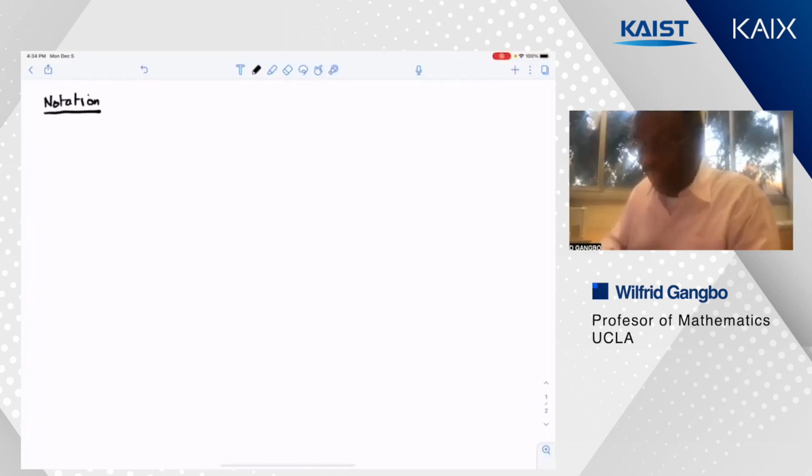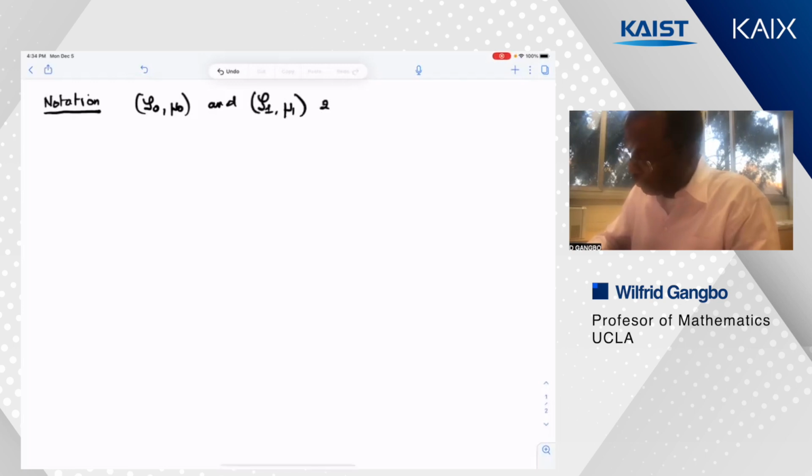Notation. Many of you are familiar with it, but let me start there anyway. So assume that I have (S naught, mu naught) and (S1, mu 1), two measure spaces.